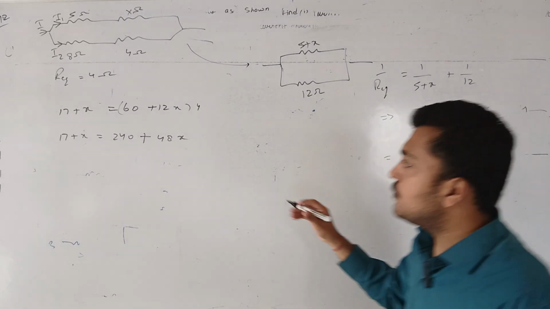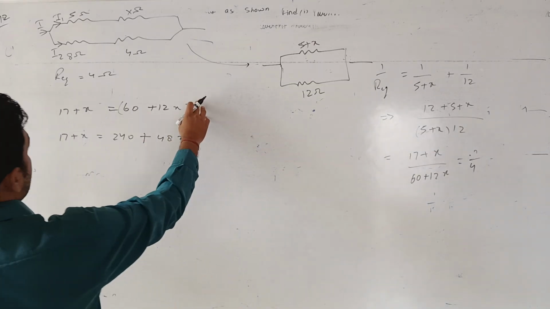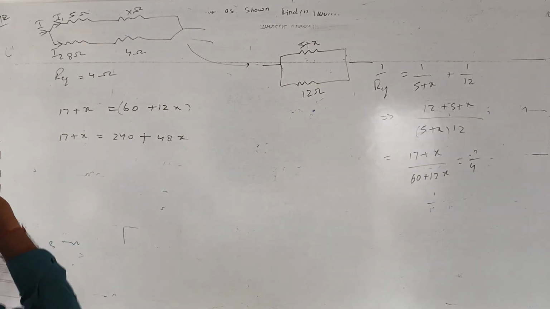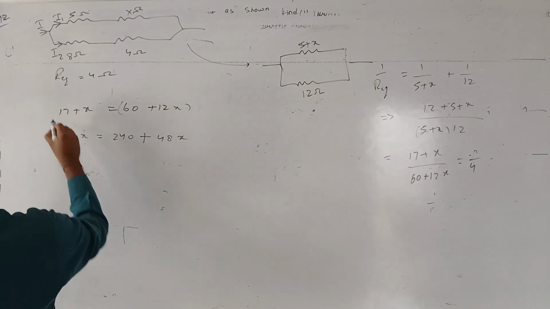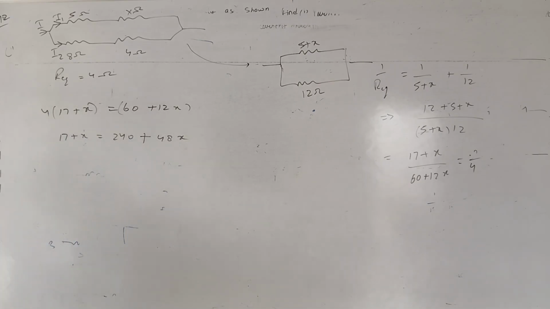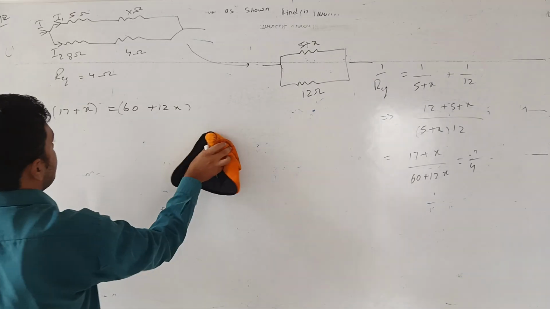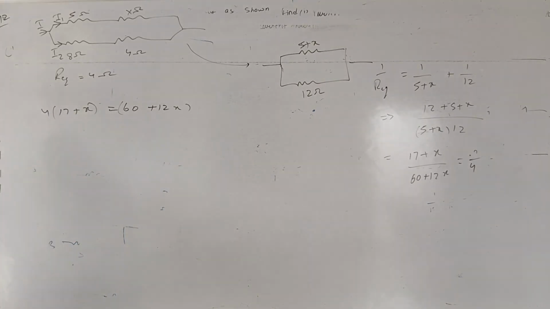So we get 4 multiplied to the other side.